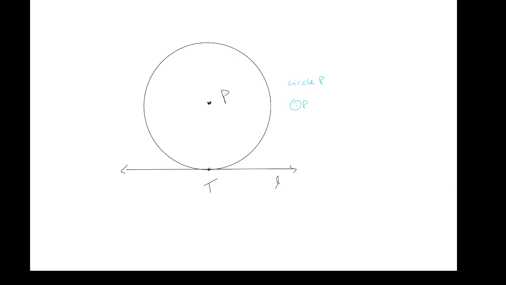Rather than writing the whole word circle, you make a little circle and put a point in the middle. We have the point of tangency T, and tangent line L.